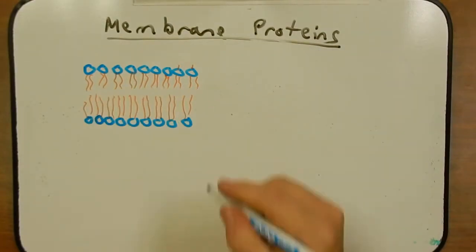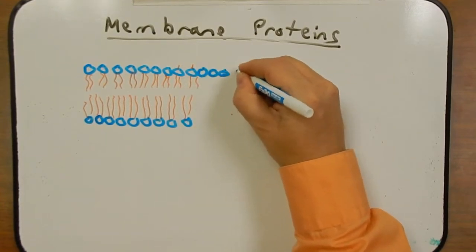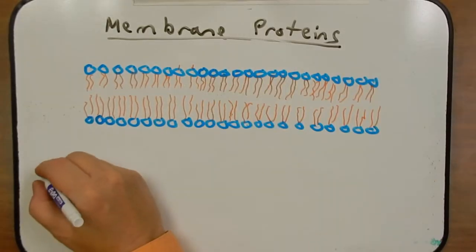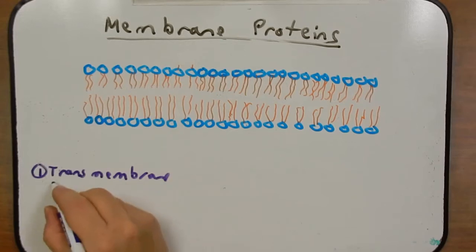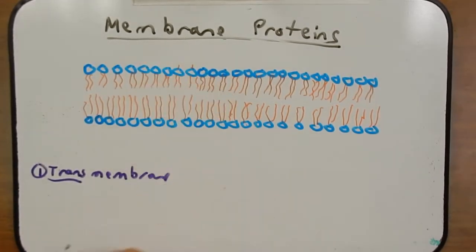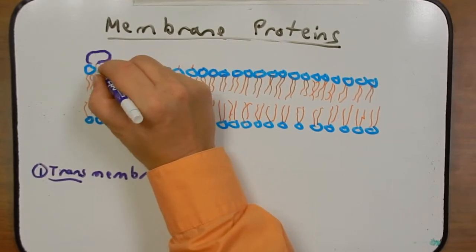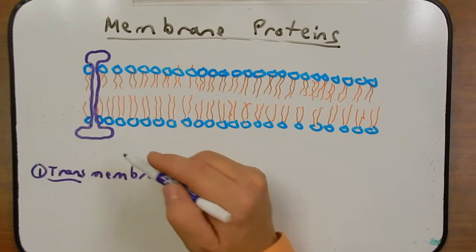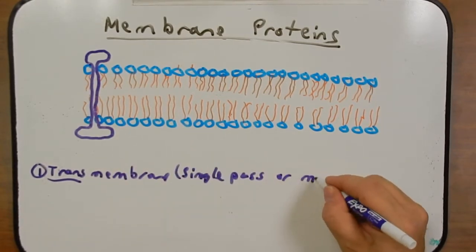Okay, now I want to talk about the classes of membrane proteins, and to do so I'm going to make this a little bit bigger so I have some room to work with. The first one I'm going to talk about are transmembrane proteins. As the name implies, trans, it's going to span the membrane. And let's draw a couple examples of a transmembrane protein. So it can be a protein that spans the membrane once, so it can be a single pass or multi-pass.